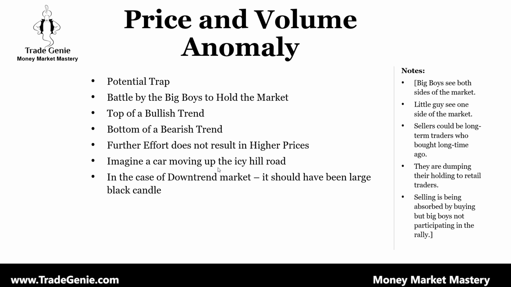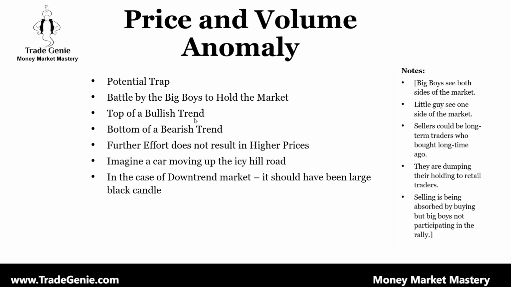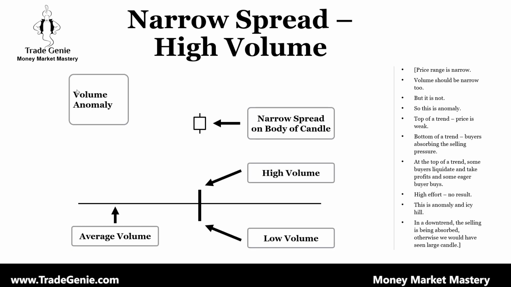Imagine a car moving up an icy hill road. It doesn't matter how much pressure you apply, because the road is icy, the car is not moving up the mountain. In a downtrending market with huge volume, this should have been a large black candle. But this is a white candle.